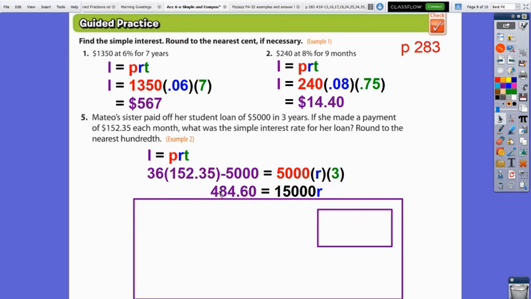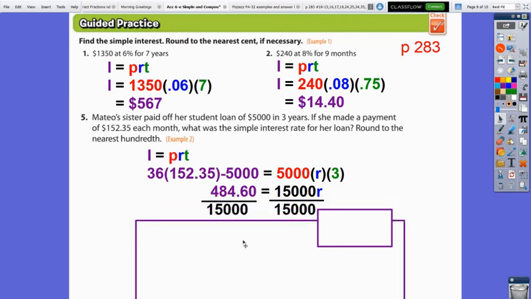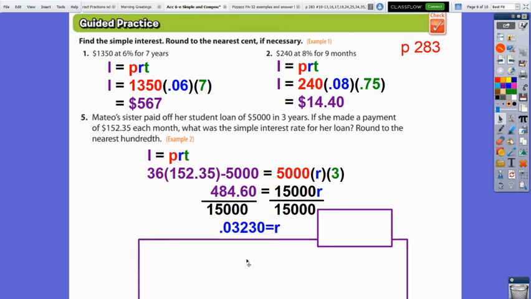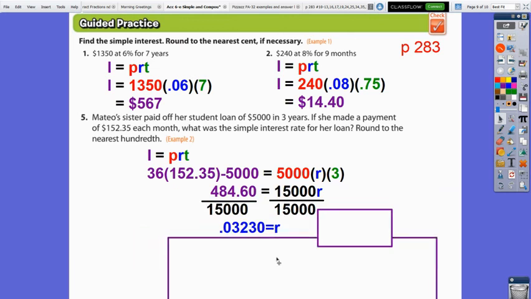That's the interest that was paid on this 3-year loan. Okay, we don't know what the rate is. The starting amount was $5,000, so 5,000 times 3 is 15,000, times the rate, is $484.60. Divide both sides by 15,000 and you get 0.0323 as the rate.